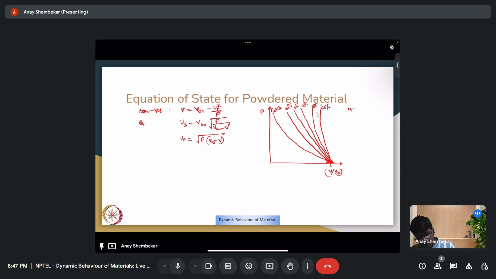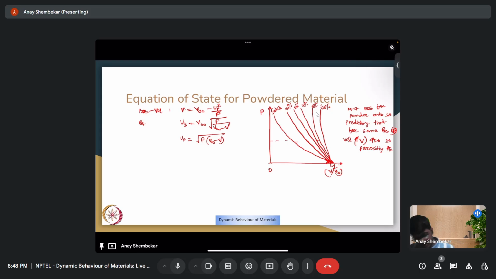My Mie-Gruneisen equation of state for powder ends up predicting that for the same pressure, the volume V increases as porosity increases. This is 1, this is 0. For the same pressure, you can see that as the porosity increases, you will have a larger volume.